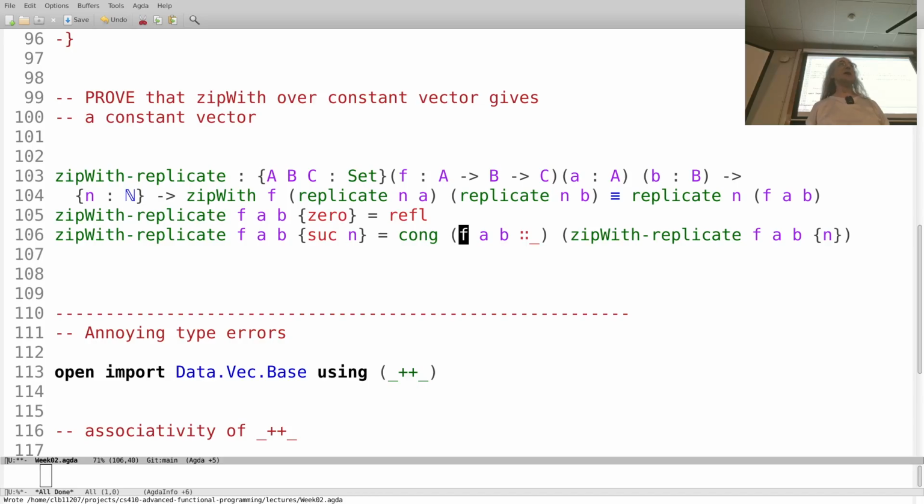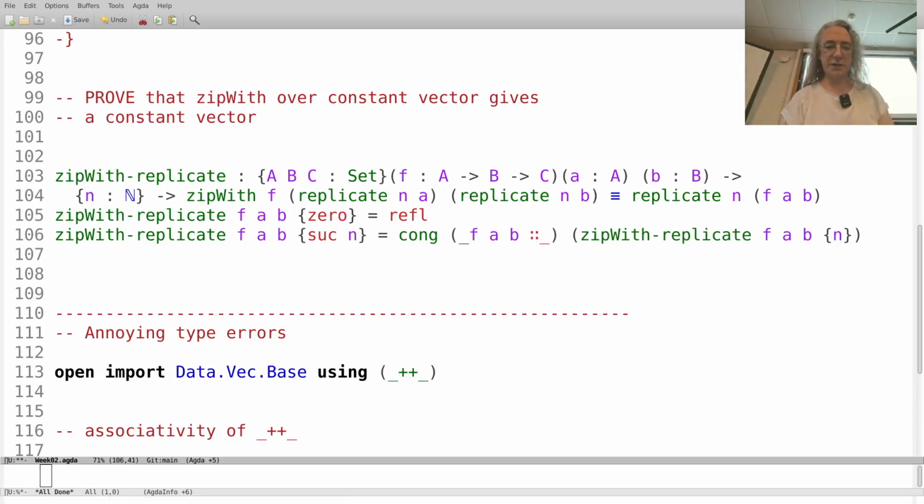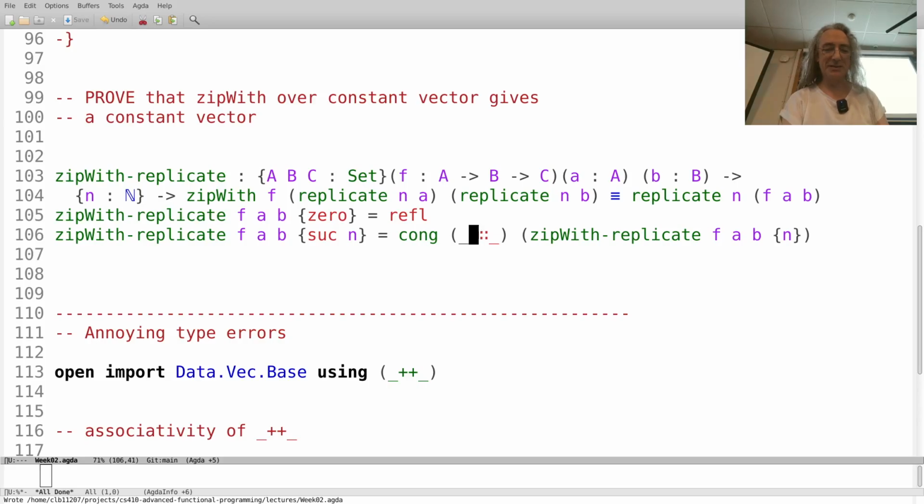And that means, can you show me what goes here? If it can't figure it out, it will tell you it can't. But if it can, it will print it out. So the underscore just means you figure it out and don't tell me what it is, because I don't care.